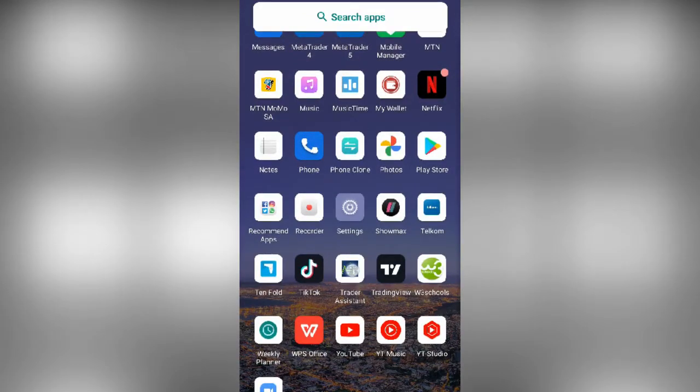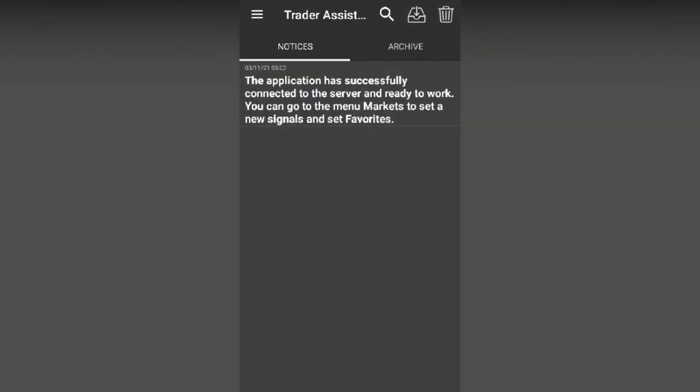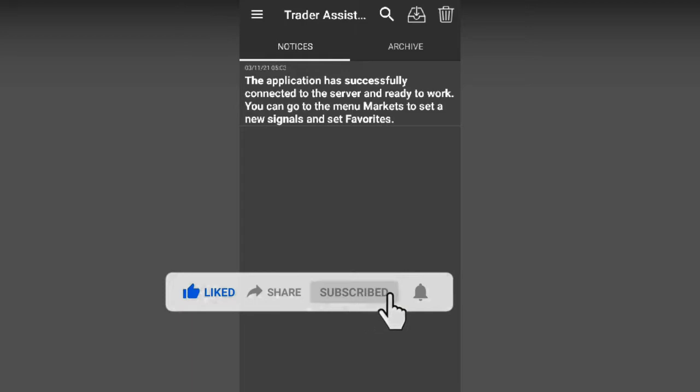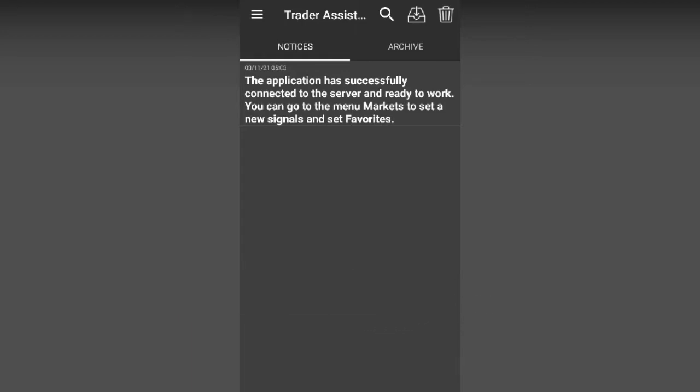I found this app called Trader Assistant. By the way, I am not in any way related to the guys who developed this app. So if you have any problems with it, try and address them with the guys who developed it.